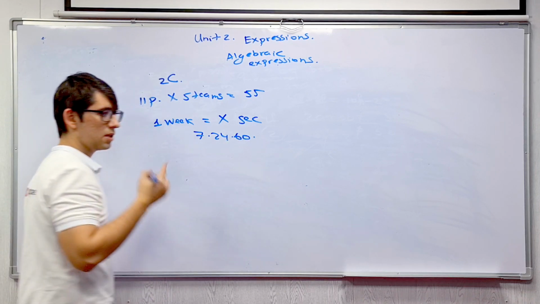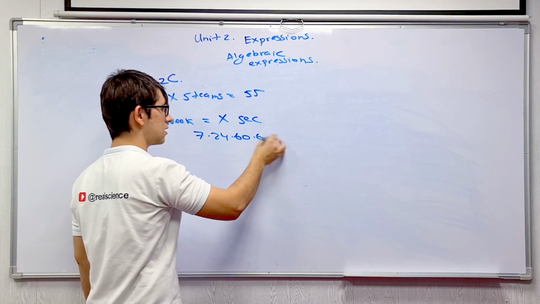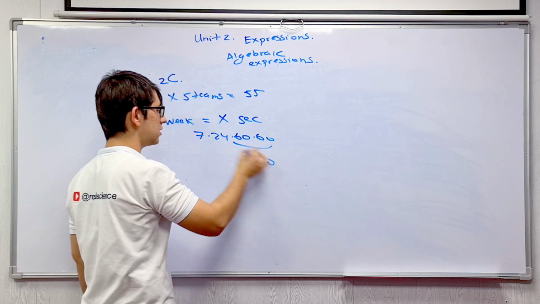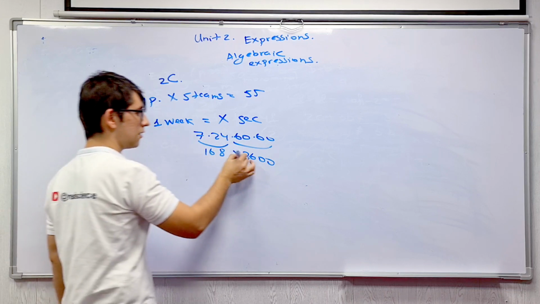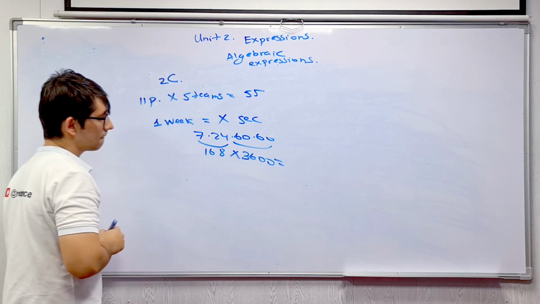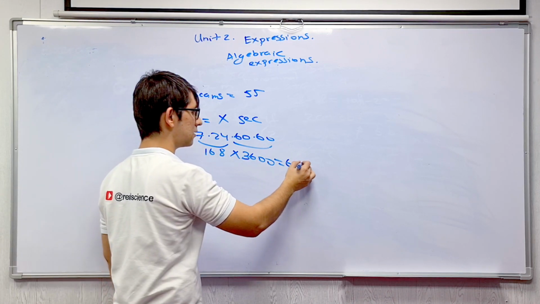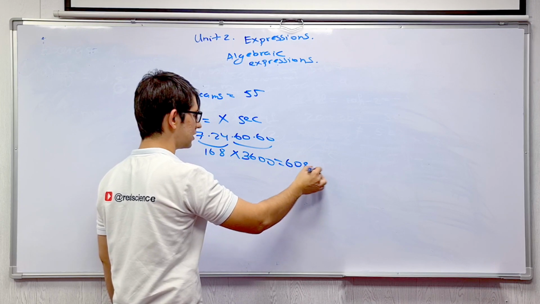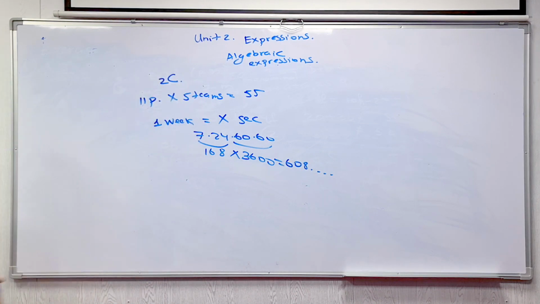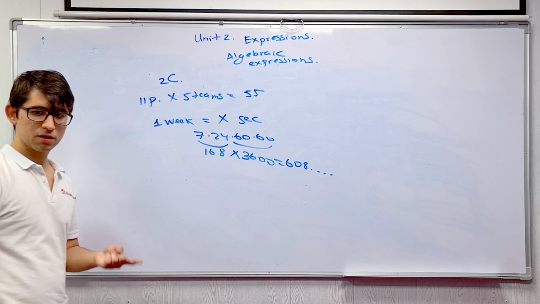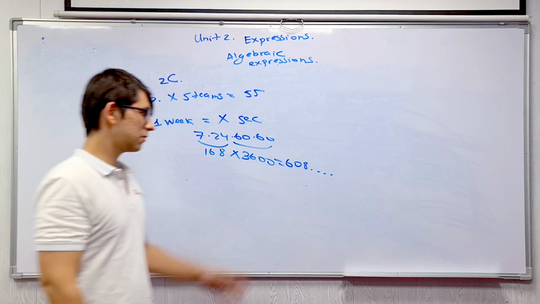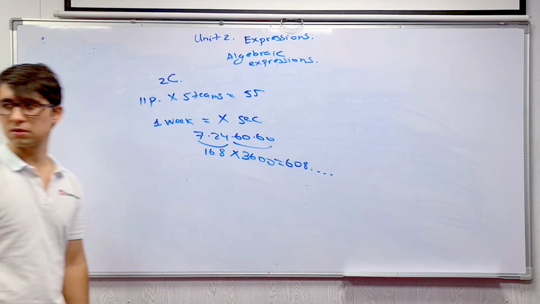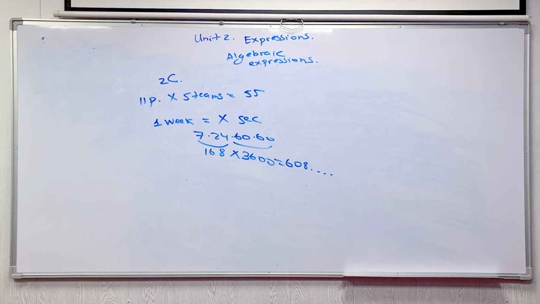For 1 minute, how many seconds? 60. So here you have 3,600. And if you multiply this by 168, you get 600 something thousand. It means in 1 week, if you start counting now and stop after 1 week, you will be somewhere in 600 something thousand. Okay?